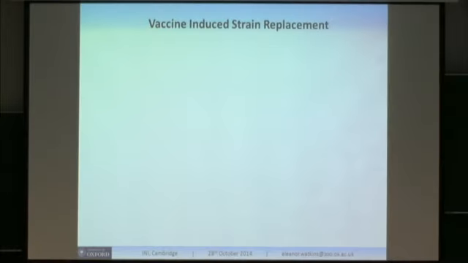So one of the main problems that we face with strain-targeted vaccination is that as the frequency of serotypes targeted in the vaccine hopefully declines over time, there's a concern that we may well see an increase in serotypes not included in the vaccine.